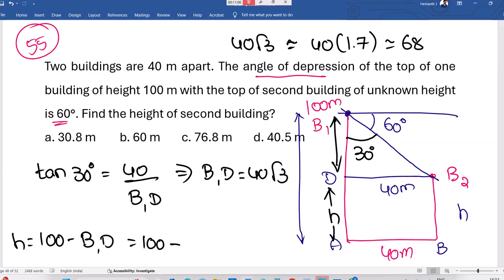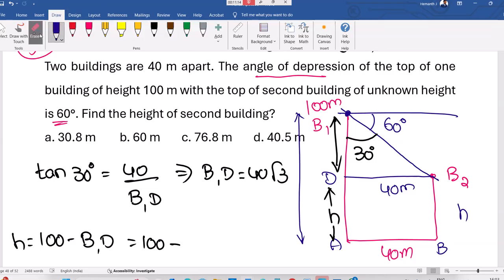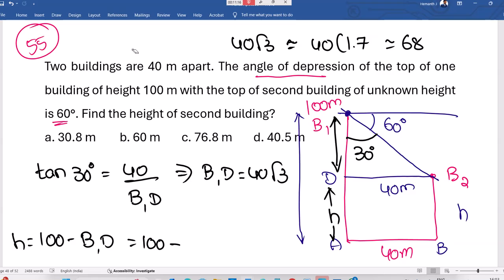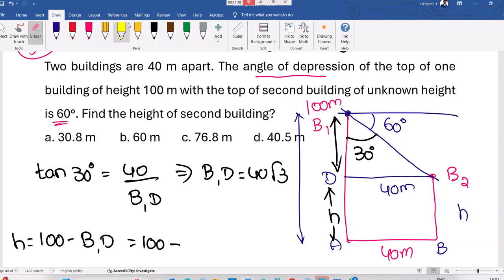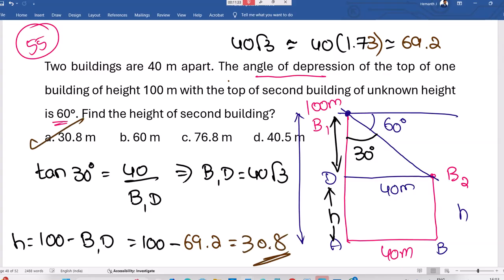I agree 1.732 is there. If I stop at 1.73, then it will be 69.2. If this is 69.2, then the answer will be 30.8. Option A. Right? Check this.